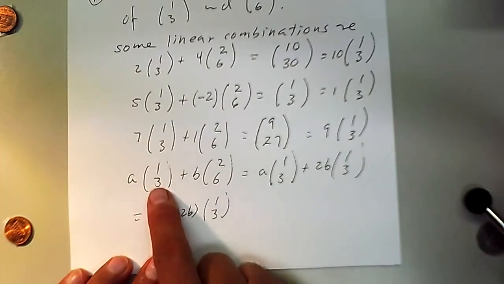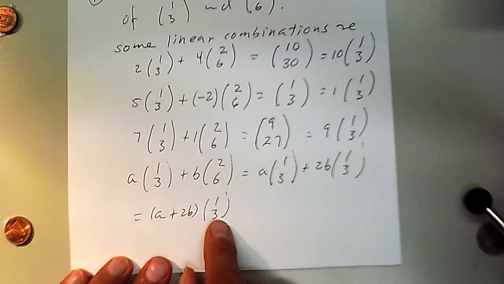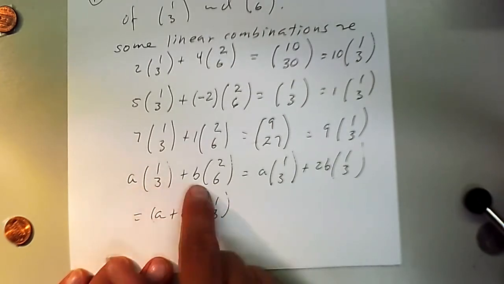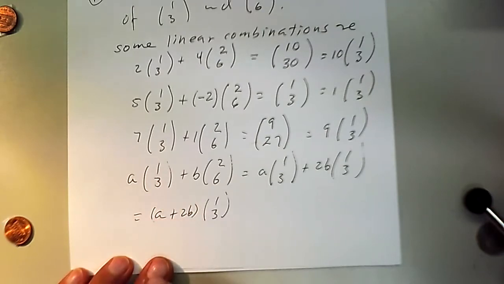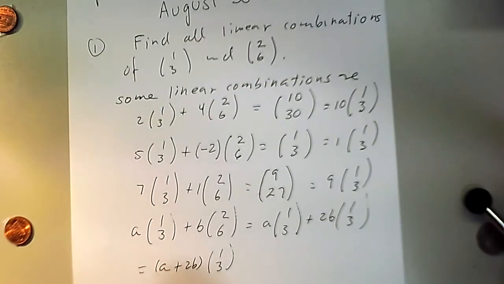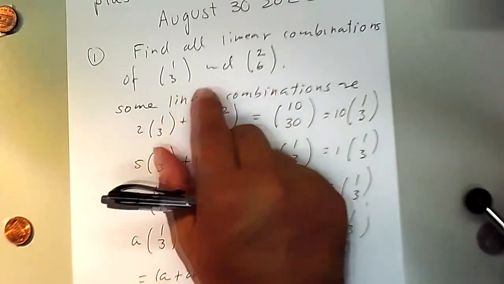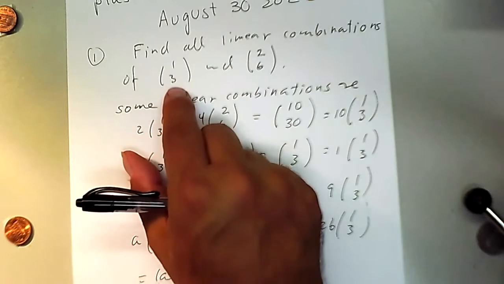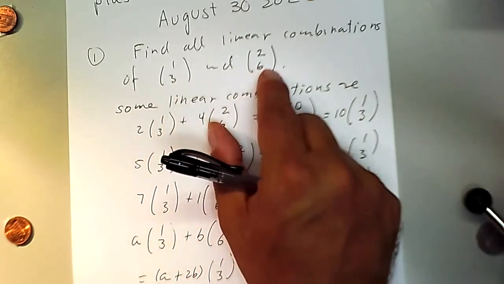Whatever we can do with 1, 3 and 2, 6, we can do with simply 1, 3 by combining the two numbers into one number. So the set of linear combinations of those two vectors is not going to be the plane. It is going to be the same as all the linear combinations of this guy, because this one is redundant.